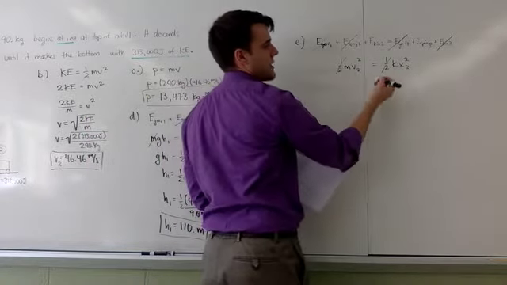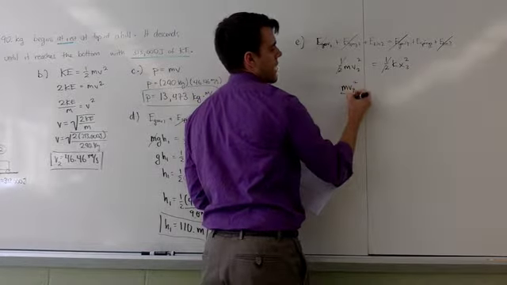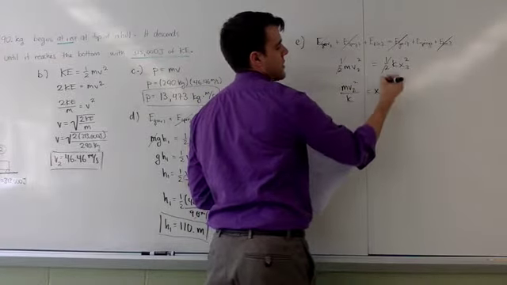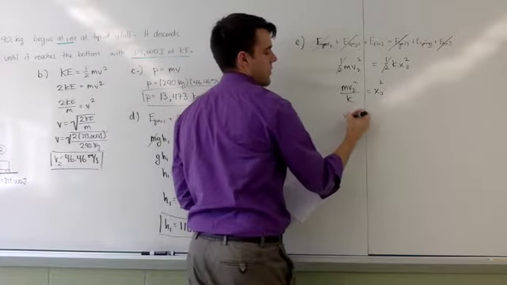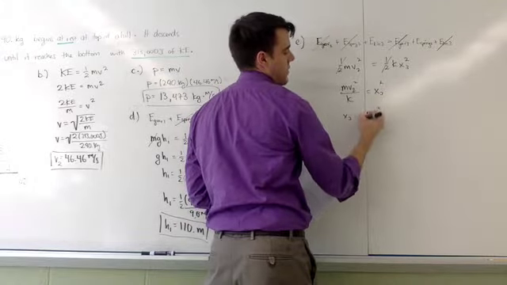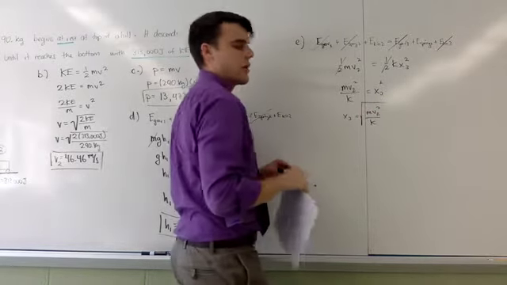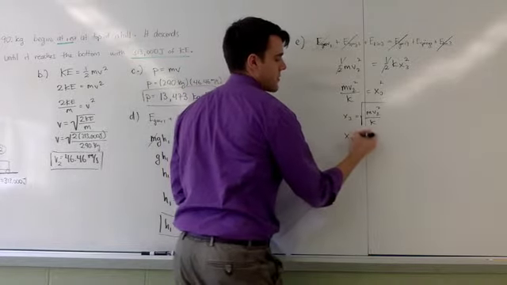So in order to do that, I'll divide both sides by k. So I get mv2 squared over k equals x3 squared. And then I'll square root both sides and end up with my displacement being the square root of mv squared over k.